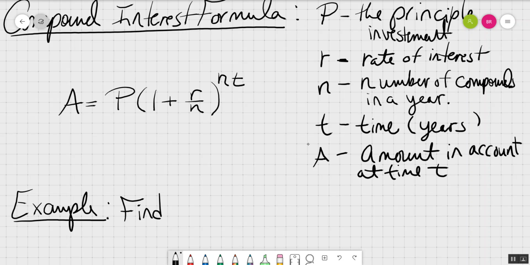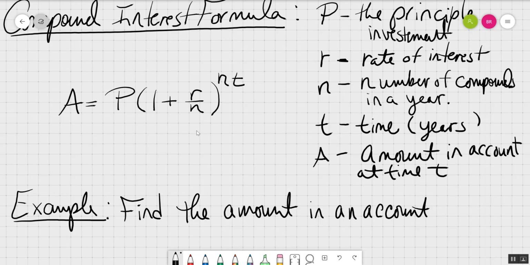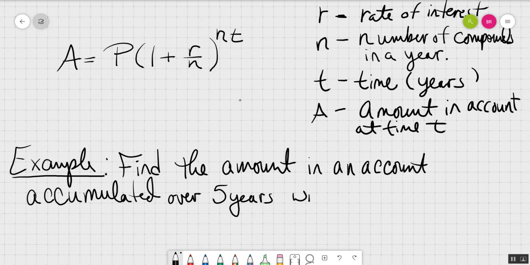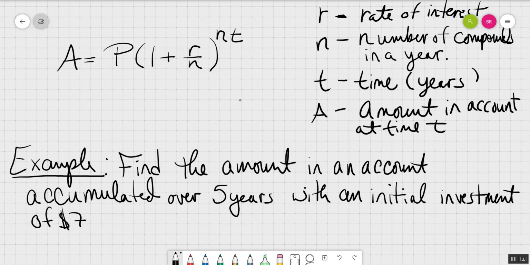So we're going to find the amount, which is going to be A, in an account accumulated over 5 years with an initial investment of $7,000 at a rate of 4%, and then dot dot dot, because I'm going to do a bunch of different compounds.